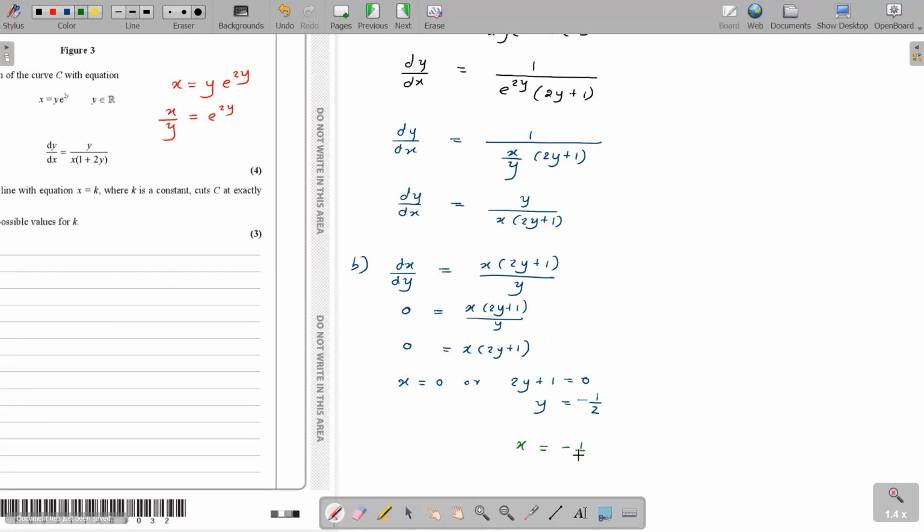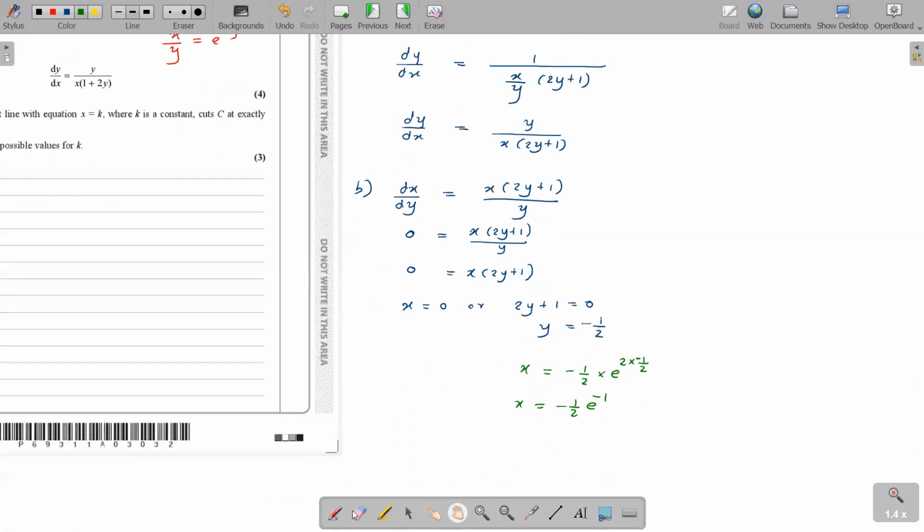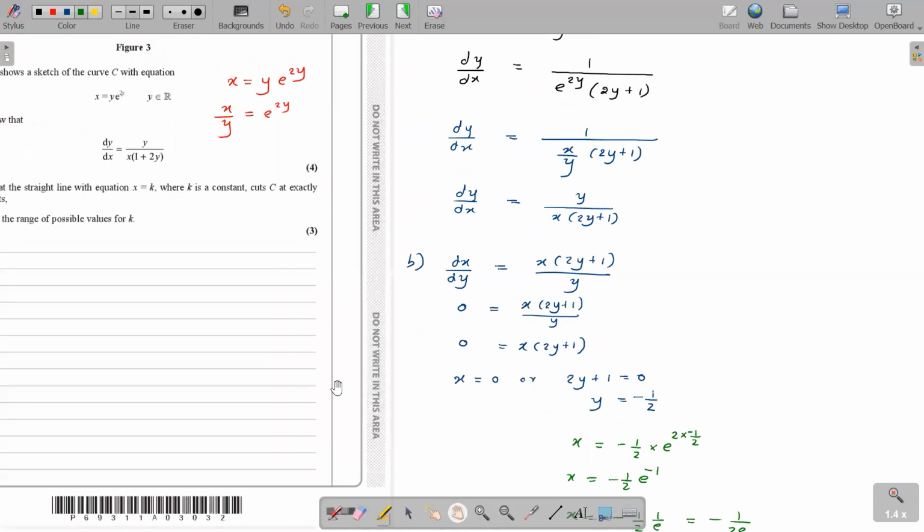Y is minus half into e to the power 2 times y, which is minus half. What do we get here? Minus half e to the power 2 times minus half, which is e to the power minus 1. Are you with me? So x equals minus half times e to the power minus 1, which is 1 over e. Basically, minus 1 over 2e is your x coordinate.